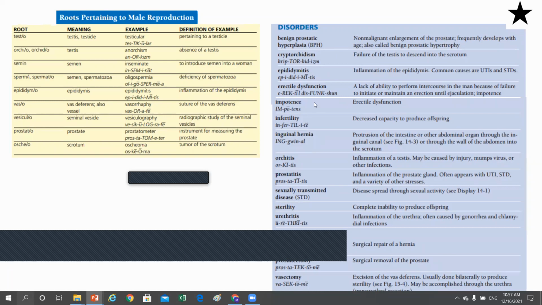Now, this is a common result of urinary tract infection and sexually transmitted diseases. These two abbreviations, STDs, sexually transmitted diseases. For example, spread of an infection takes place by different routes.